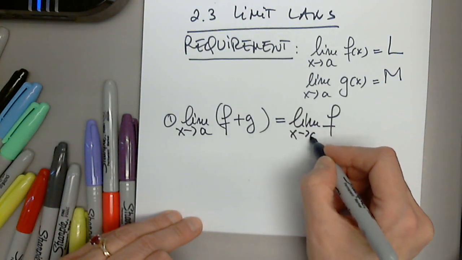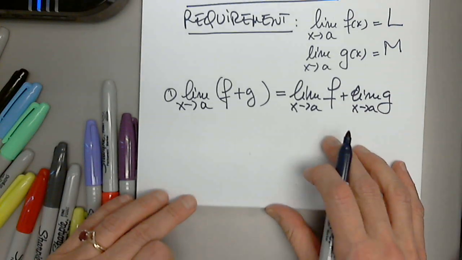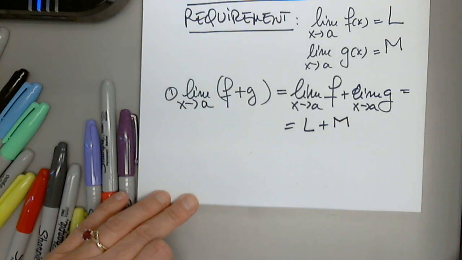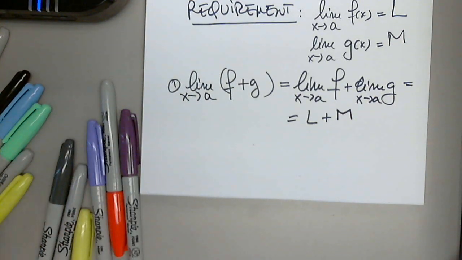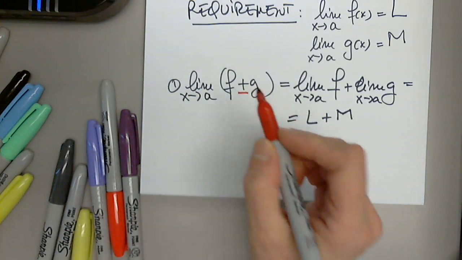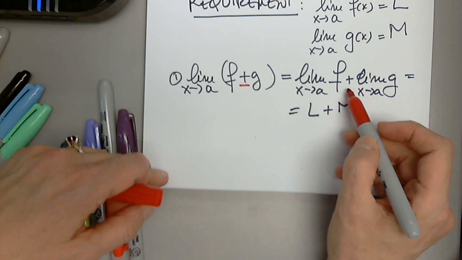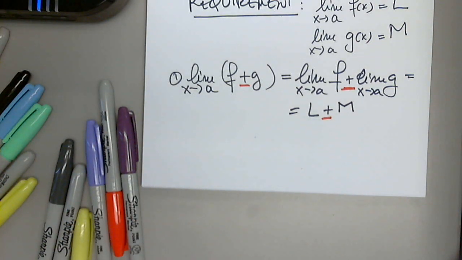The limit of f as x approaches a plus the limit of g as x approaches a. Since they both exist, the answer will be L plus m. Let's condense them a little bit. What if I have a difference between these two? What will I write here? The limit of f minus the limit of g. That's it. So we wrote 2 in 1.